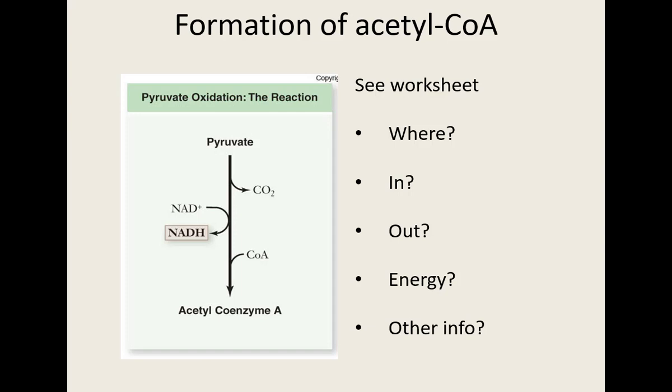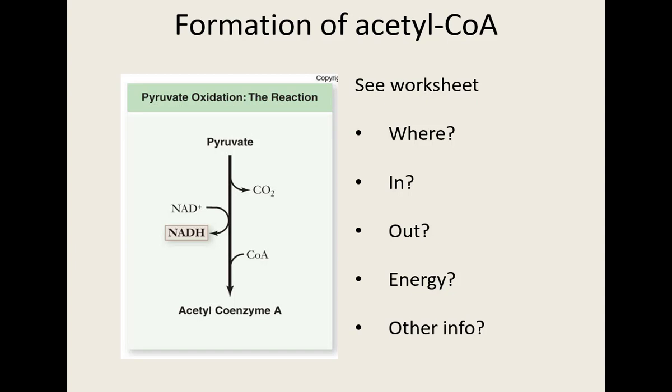Again, 2 pyruvic acids will ultimately become 2 acetyl-CoAs. So the third thing that comes out are 2 acetyl-CoAs. Again, I'm only drawing 1 to make it less confusing. So you get 3 things out. 2 NADHs, 1 for each reaction. 2 carbon dioxides, 1 for each reaction. And 2 acetyl-CoAs, 1 for each reaction.